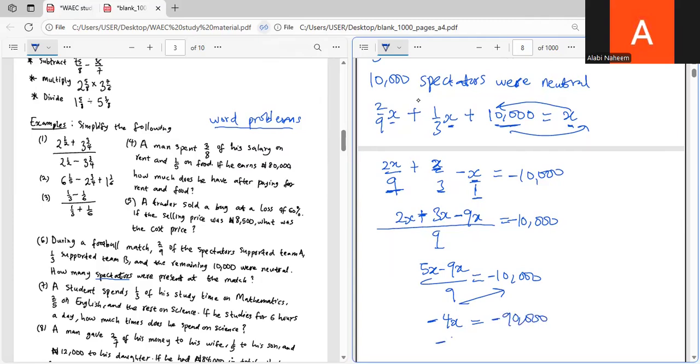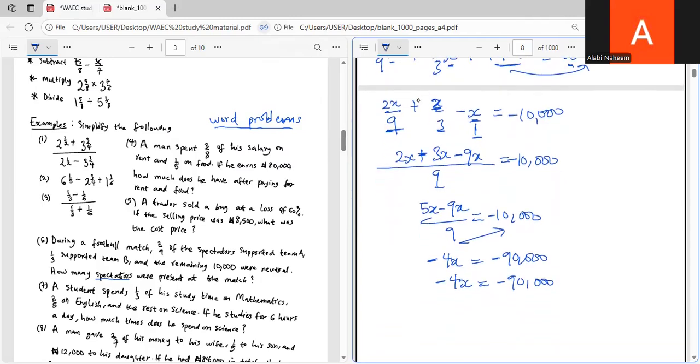So we have minus 4x equals minus 90,000. We divide both sides by minus 4. So x now equals 90,000 divided by 4, which is 22,500. The minus signs cancel out.